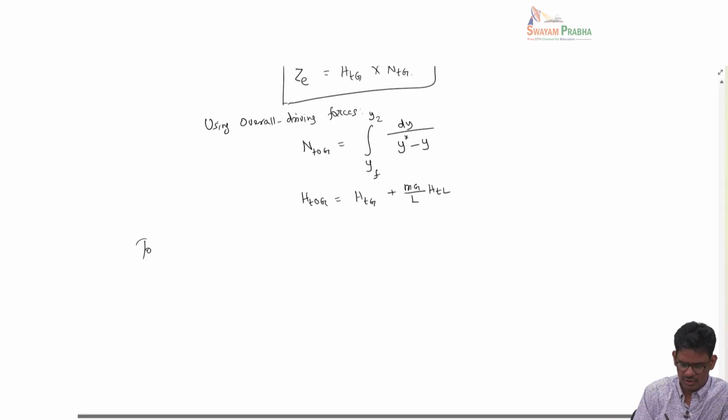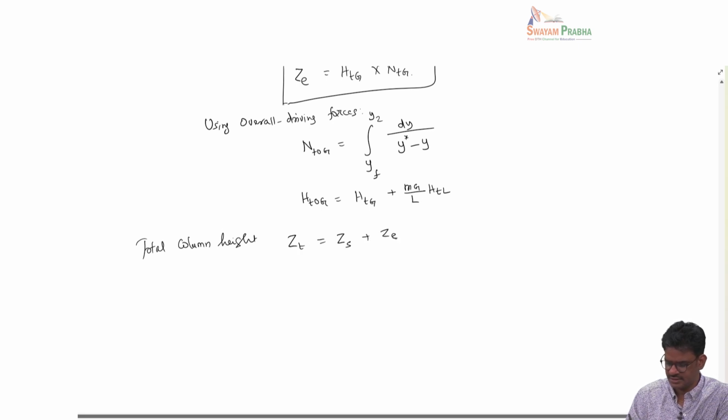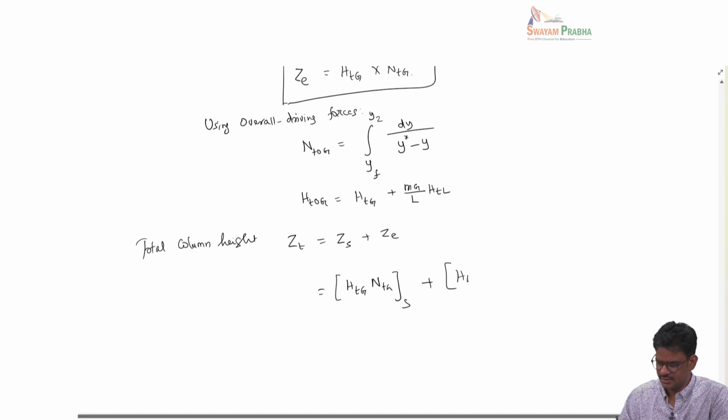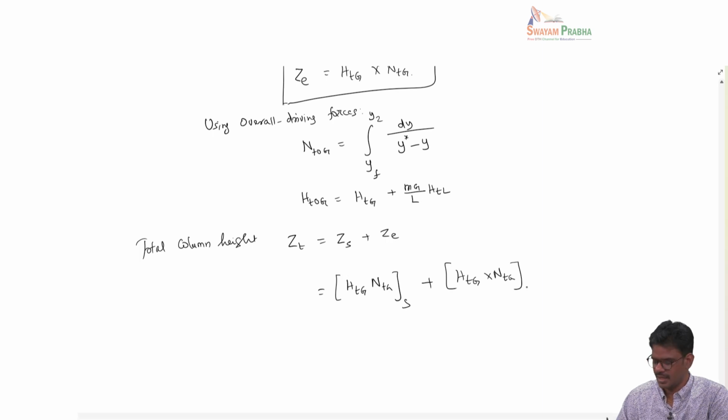So the total column height ZT is ZS plus ZE, and this is something we wrote as HTG times NTG for the stripping section plus HTG times NTG for the enriching section.